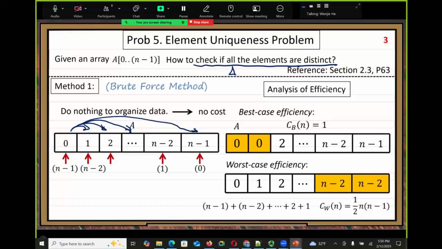The average case. Can you consider the average case? Think about that, right? But if we want to do a good estimate on the average case, the given information may not be sufficient.